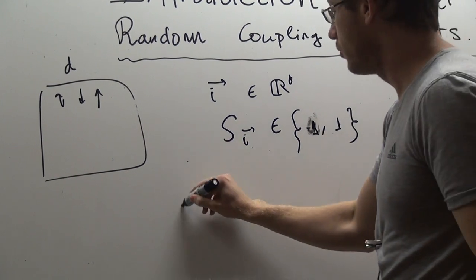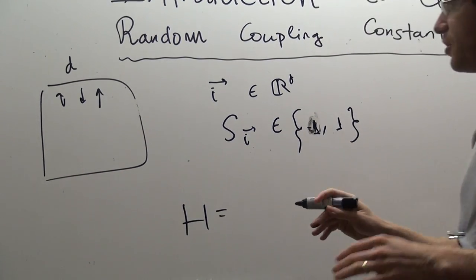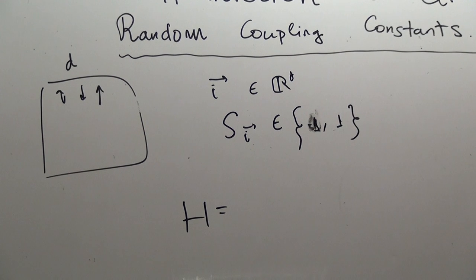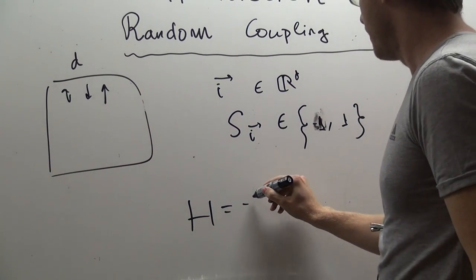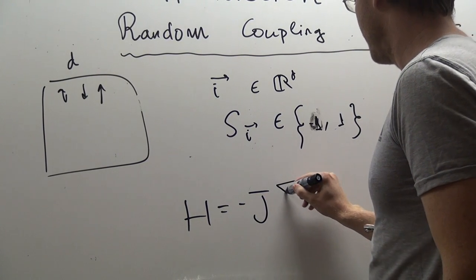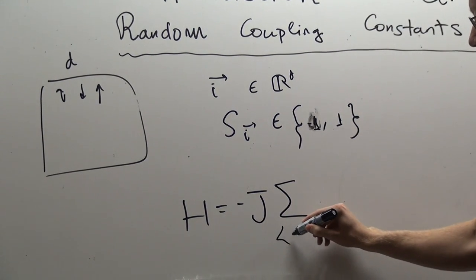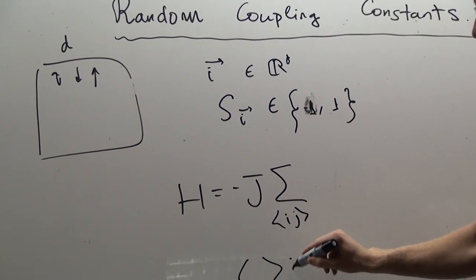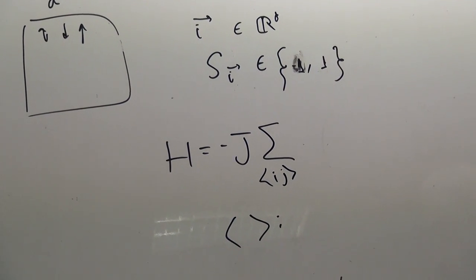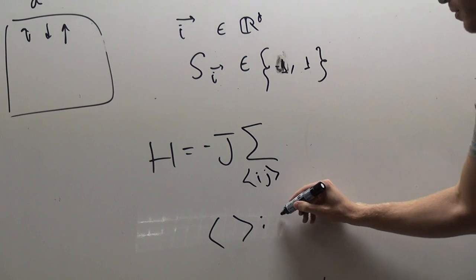The Ising model says that, given the spin configuration, the energy is minus J times the sum over neighboring points. This notation means that we sum only over i and j which are neighboring points.